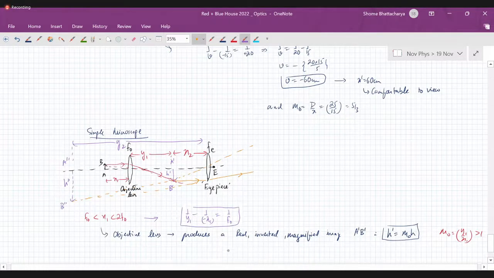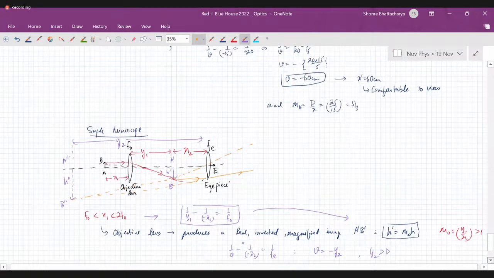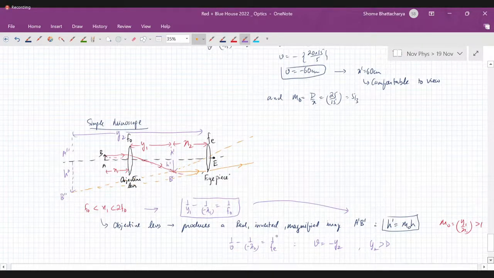And then 1 upon v minus 1 upon minus x2 is 1 upon fe. So that will give us b as minus of y2, such that y2 will be large compared to d. But x2 should be less than the focal length of the eyepiece, which itself is less than this distance of the stick.